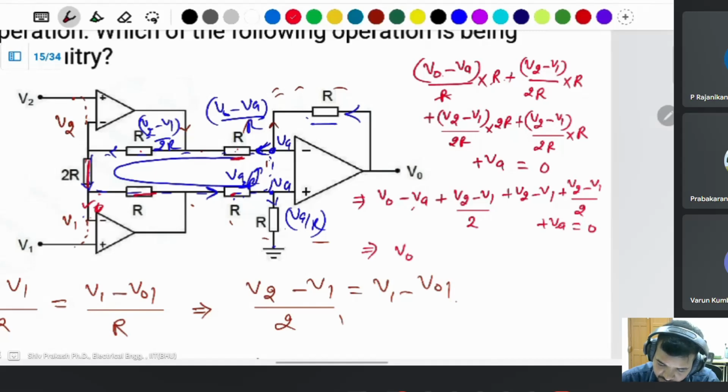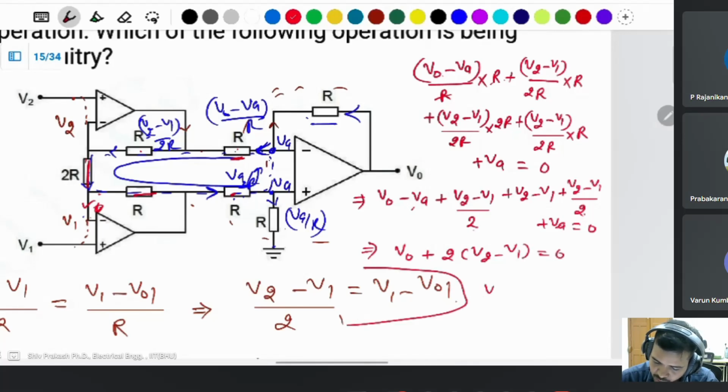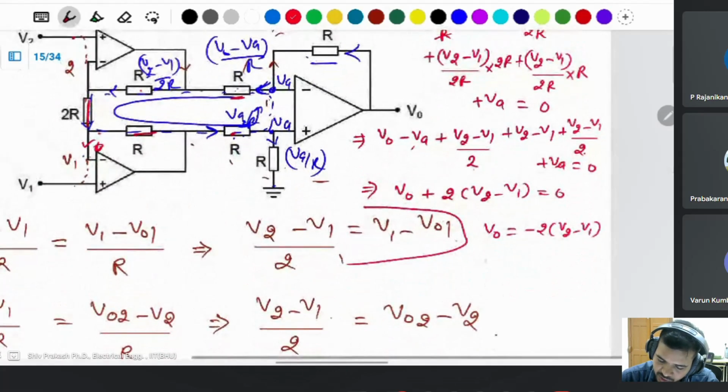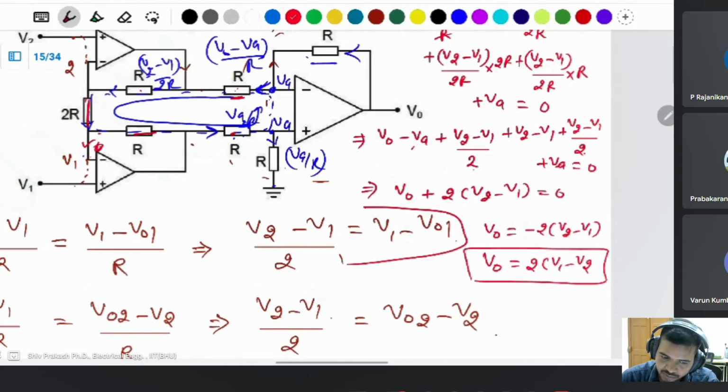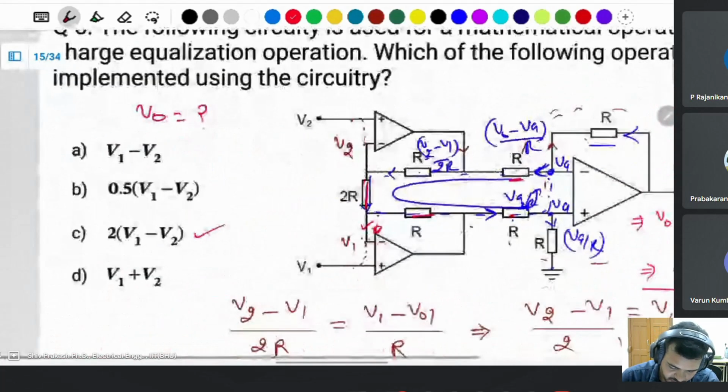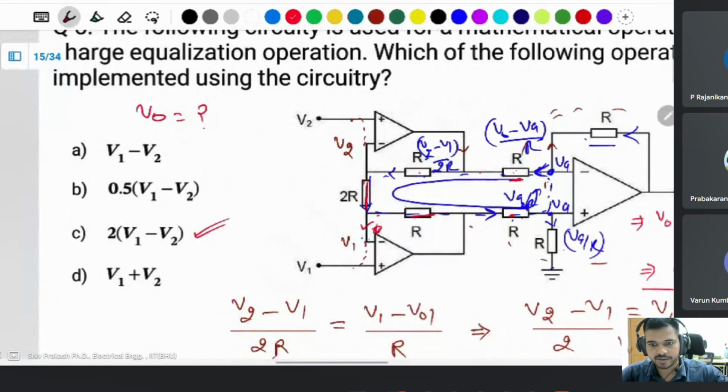V0 plus (V2 minus V1) divided by 2 plus (V2 minus V1) divided by 2 is one (V2 minus V1), plus the same thing, is 2(V2 minus V1) equal to 0. Then the output will be minus 2(V2 minus V1). If negative is there, you can reverse this one: 2(V1 minus V2). Same thing. Yeah, this one, C option is correct.